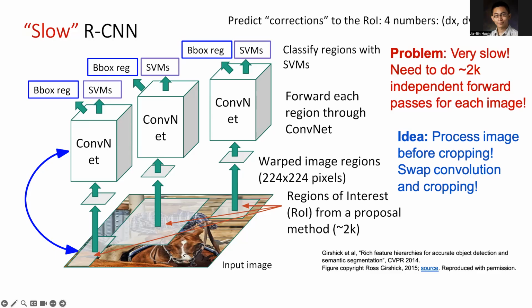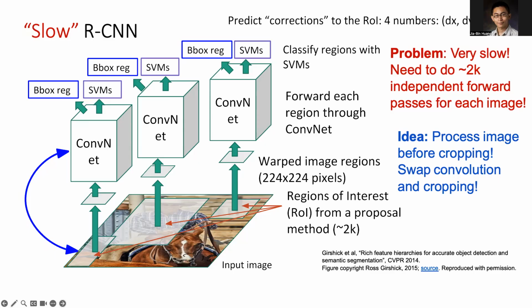So maybe you can directly process the image with the CNN. Okay, so you extract the features once, instead of having to extract features for different regions. This CNN is slow, so it's called slow R-CNN, region-based CNN.